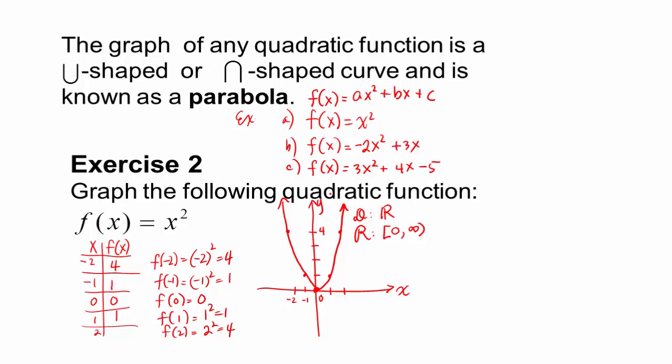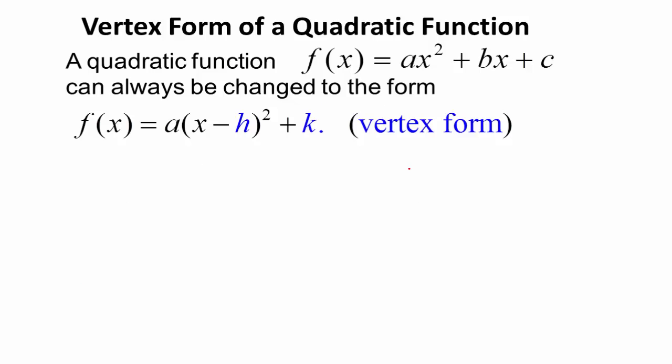Alright, so the question now is, suppose we have these types of functions where there are additional terms. How does the graph look then? It turns out we have a formula. A quadratic function f of x could be, like the example in the previous slide, 2x squared plus 3x minus 7.